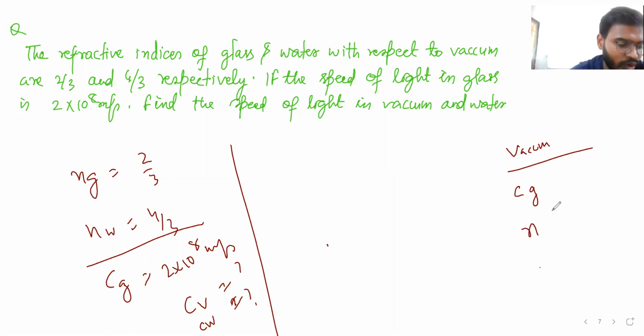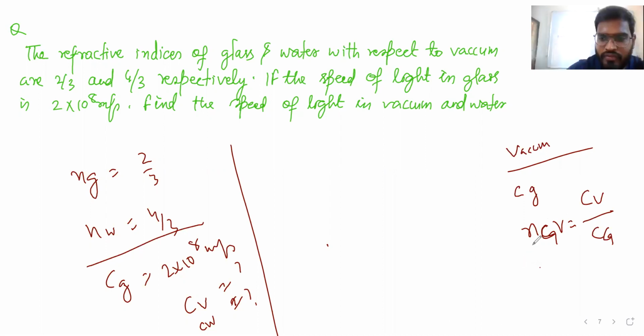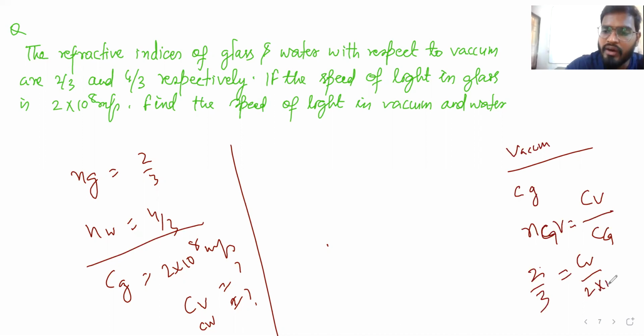Speed is given, so we want to find n, the speed of light in glass and vacuum: n is c in vacuum by c in glass. Refractive index of glass with respect to vacuum is 2 by 3, which is c in vacuum by 2 into 10 to the power of 8. So that will go here, right? No, it is wrong, no?